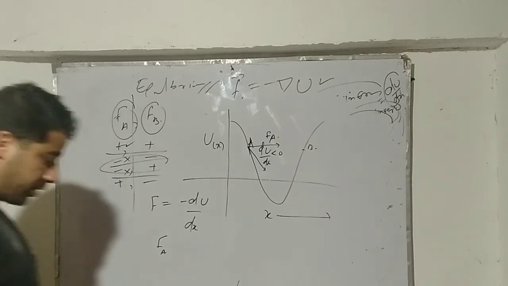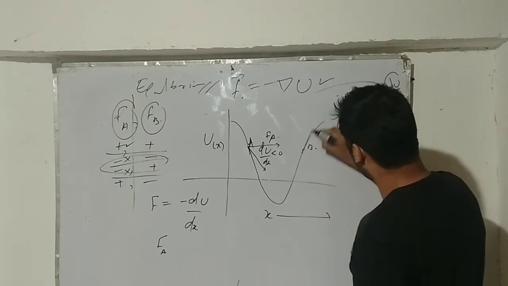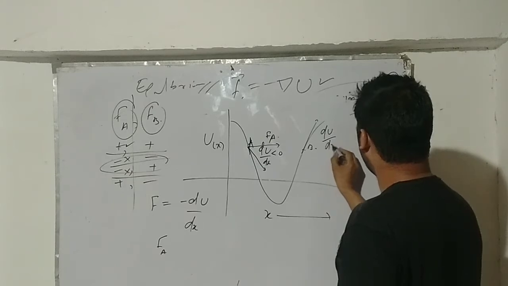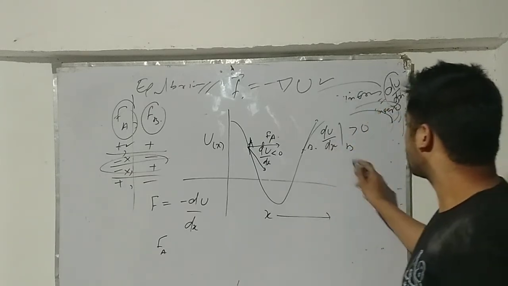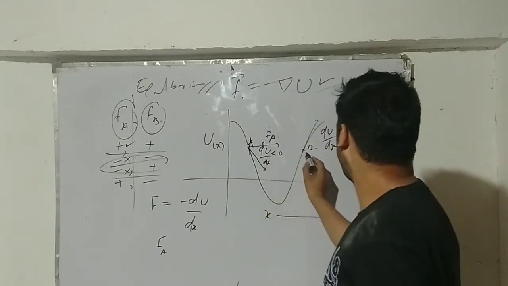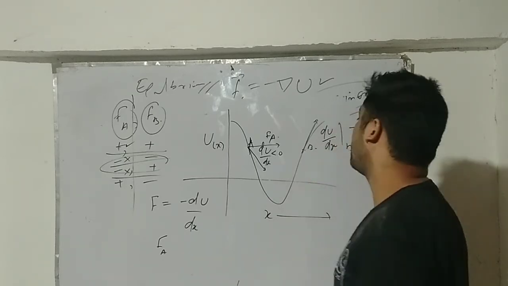Now, if I look at point B, first of all, the slope will be increasing here. So my du by dx at point B is positive. So the negative of the positive will be negative, okay? So at point B, what will be my slope?